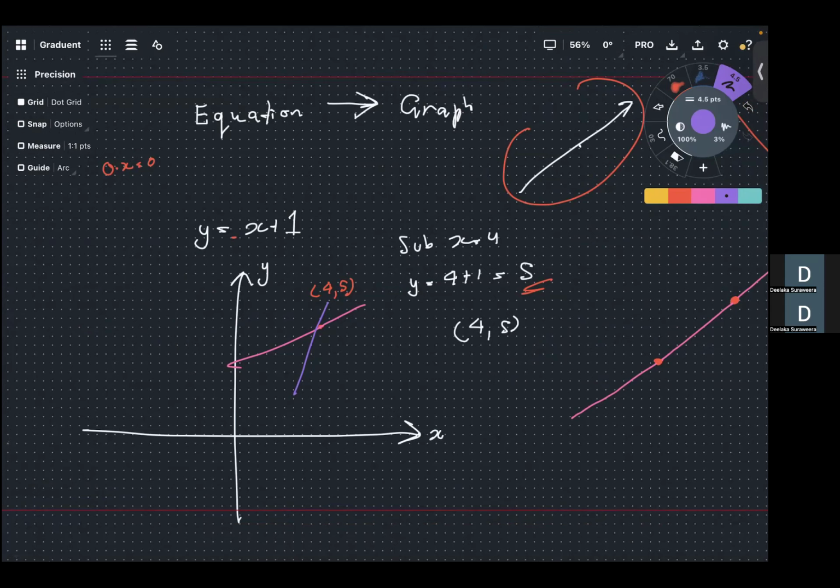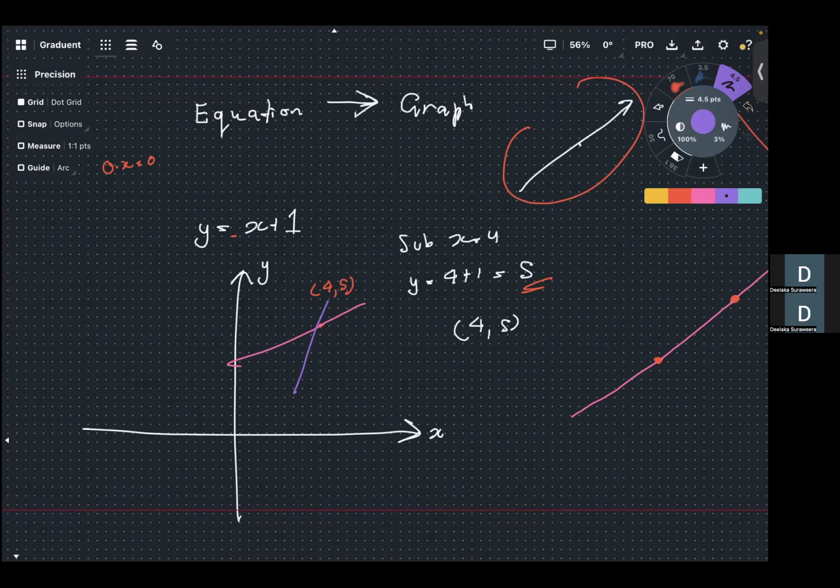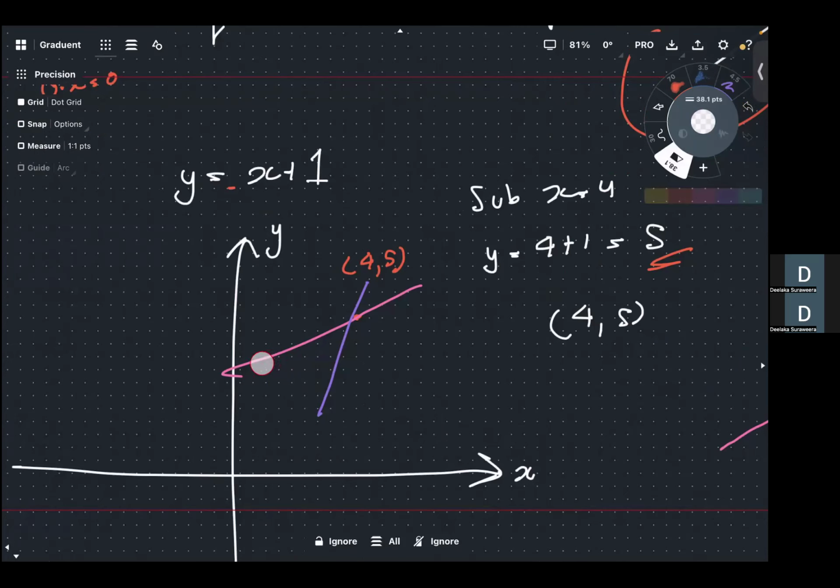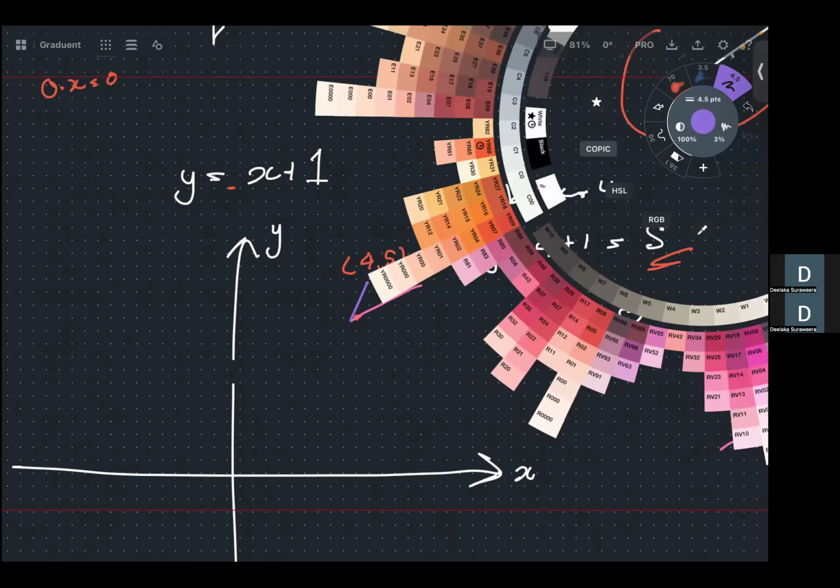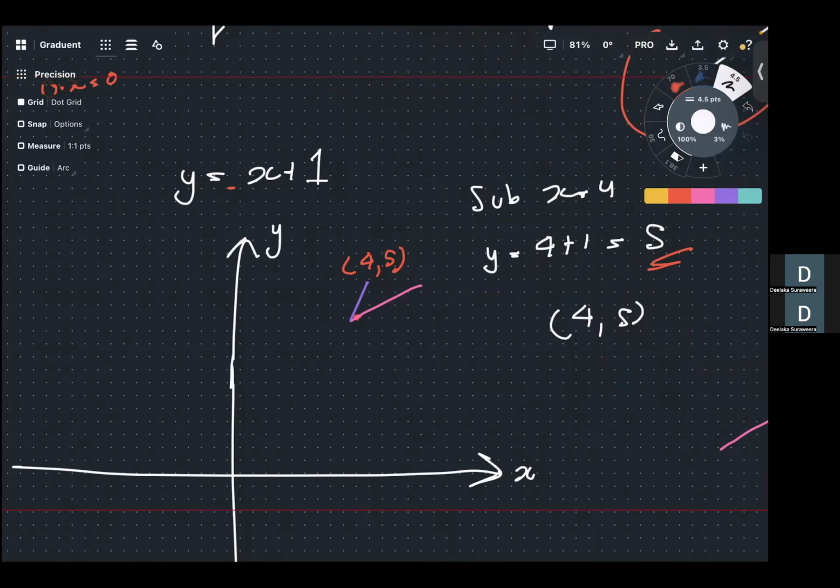So basically, since we already have 2 points, which is y1 and y2. It doesn't matter. Okay, so since we already have that, we can find the other point by just using the gradient. Can you tell me how though? To find the gradient, you need to do change of y over change of x to get the gradient, right?